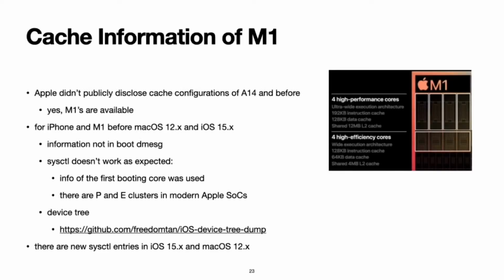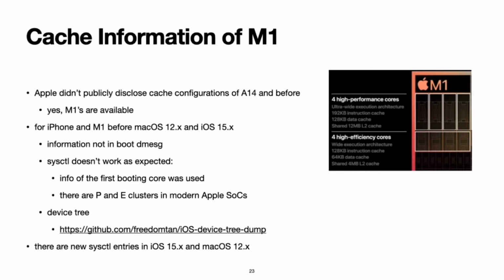Okay, enough thermal sensor information. We have more examples to tell you what we can get on M1 devices. Cache information is an interesting topic. Apple didn't publicly disclose cache configurations of A14 and before.